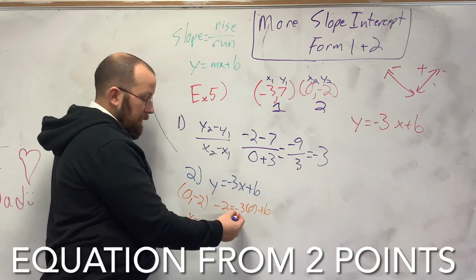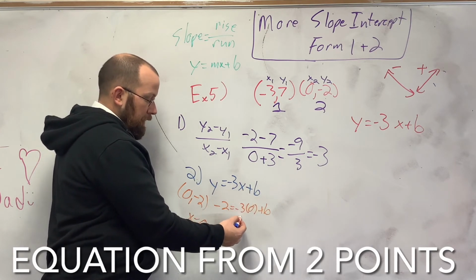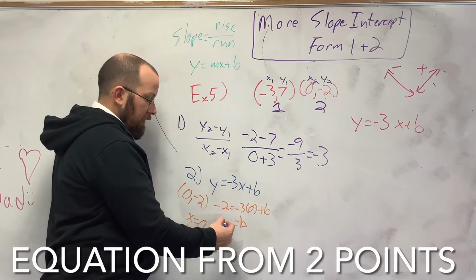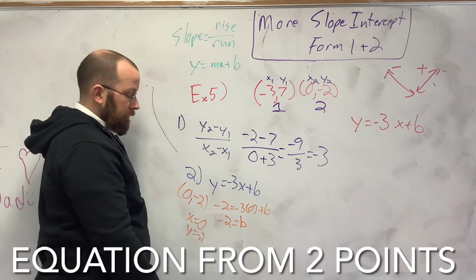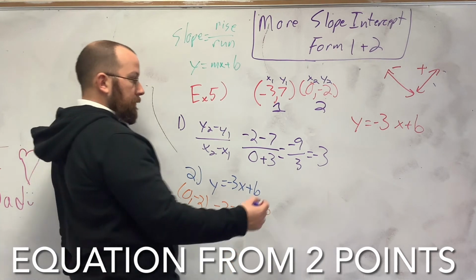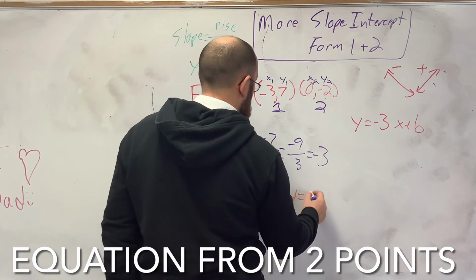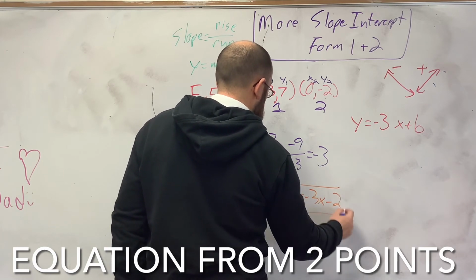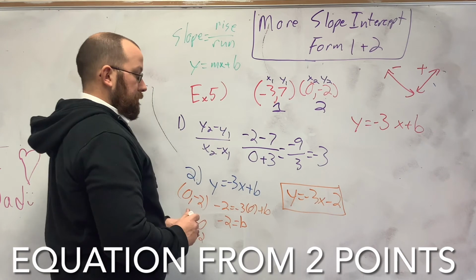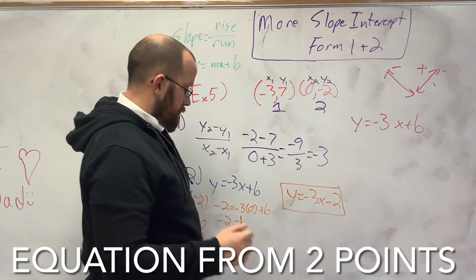So this gives me negative 3 times 0 is 0. So it just gives me b is negative 2. So there you go. So y equals negative 3x minus 2. That's how you find the equation.